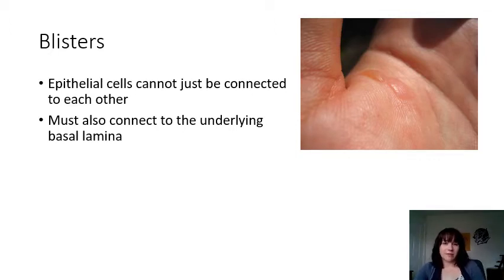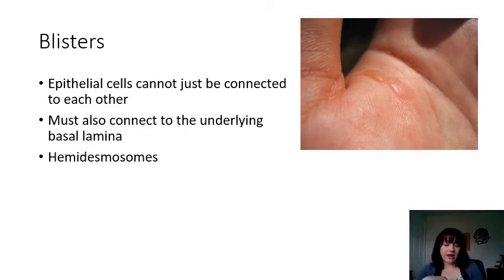The basal lamina is like the foundation that really holds that tissue in place. And so if you have disruption of that interaction with the basal lamina, the cells on either side are still connected in a sheet, but that sheet is not attached. It will lift off, and that is when you see a blister form.